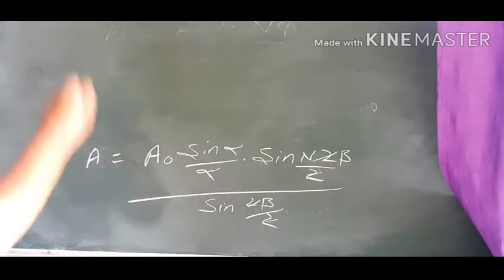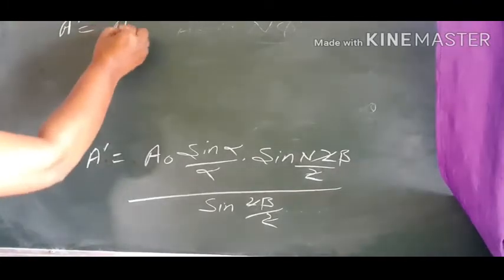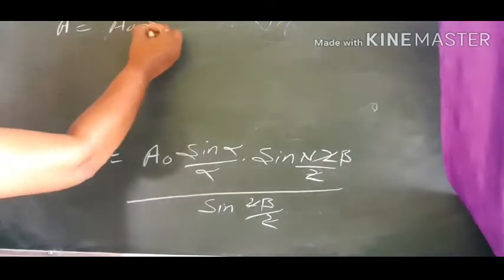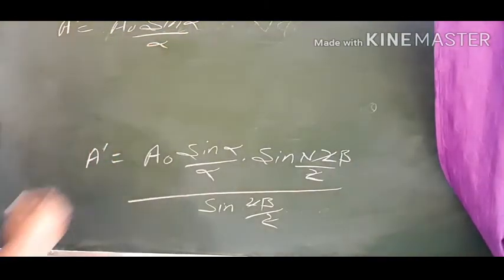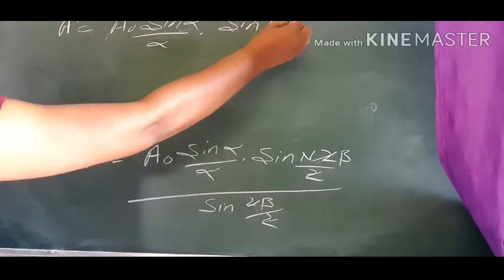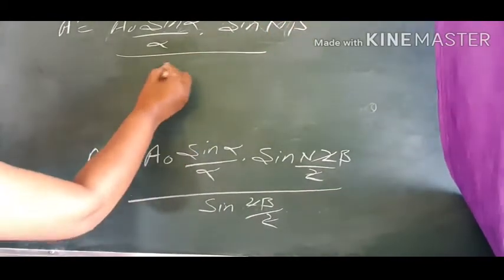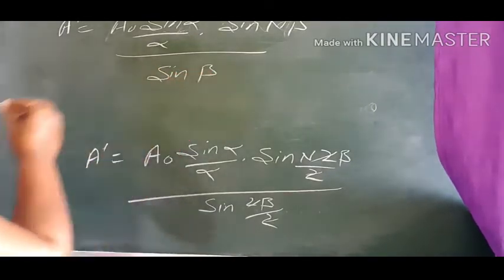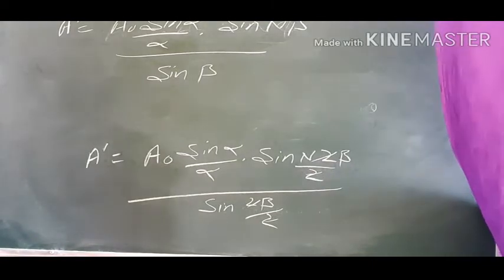Finally we have A dash is equal to A naught sin alpha by alpha into sin n beta divided by sin beta. This is the effective amplitude due to all the rays from N slits.